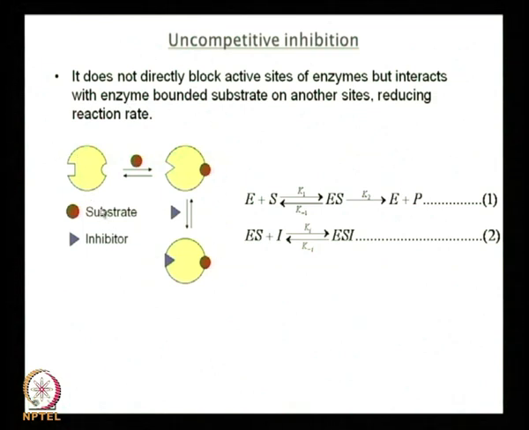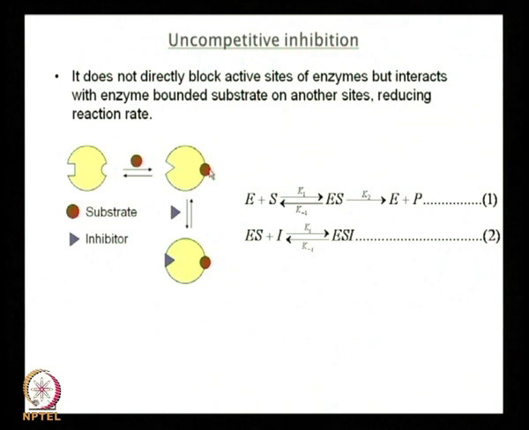If you see in the picture here, the active site is given by this semicircle, whereas the slot for the inhibitor, the other slot, is a square. So the inhibitor fits into this slot, and the substrate fits in the other slot. As a result, at one point of time, you can have two options.